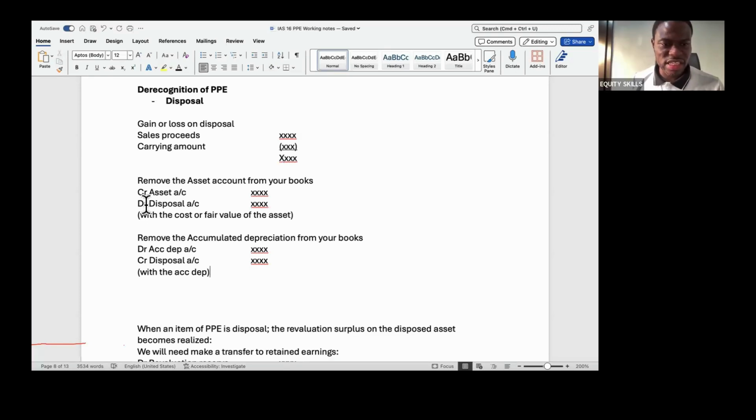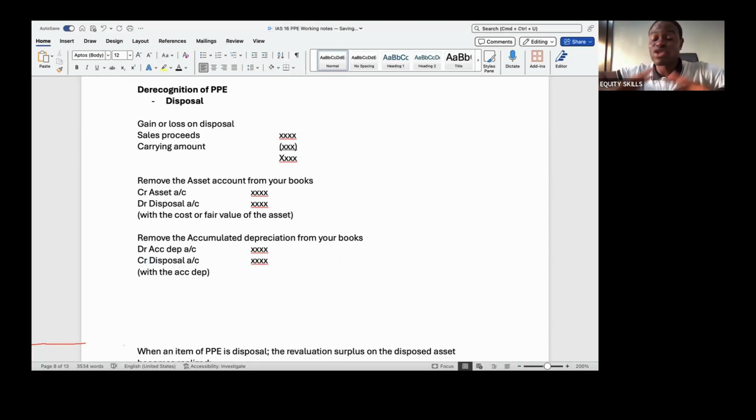Because in this disposal account, I've already debited cost and now I'm crediting accumulated depreciation. Cost minus accumulated depreciation is the carrying amount. So what is in my disposal account at the end of these two entries is the carrying amount of that asset. What it is just waiting for is how much I've sold the asset.